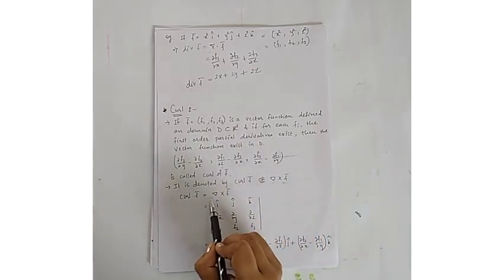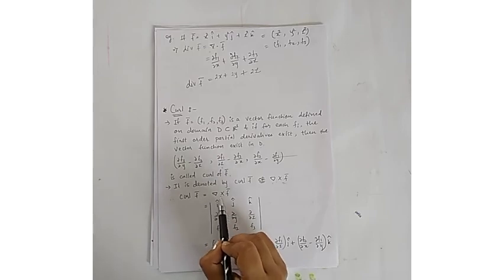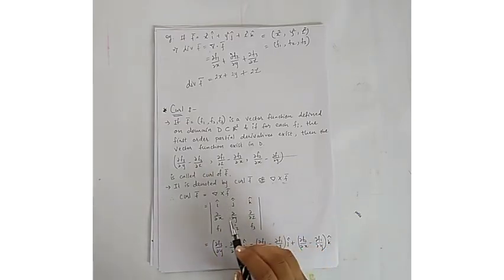So curl f bar is equal to what? The cross product of this nabla and vector function f bar will give the determinant whose first row is i caret, j caret, k caret, second row is del by del x, del by del y, del by del z, and the last row is the given function, that is f1, f2, f3.